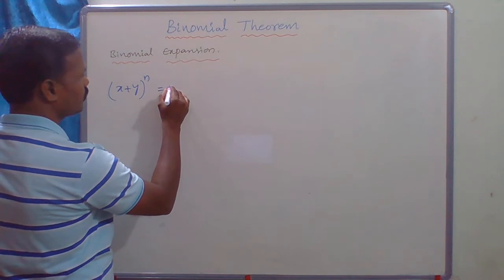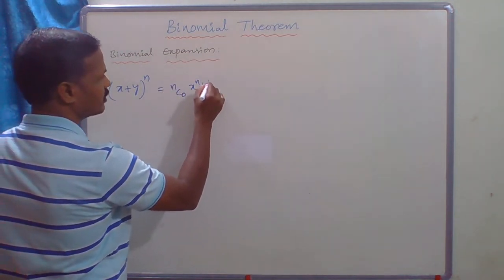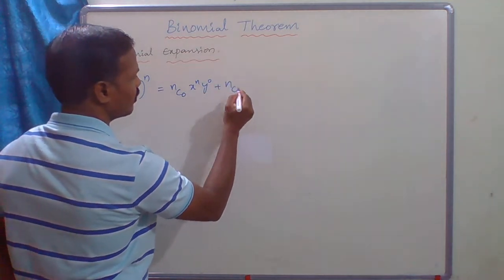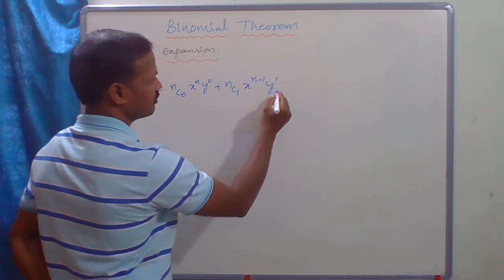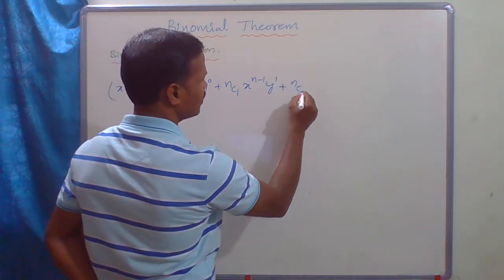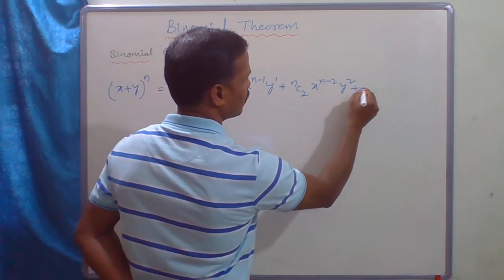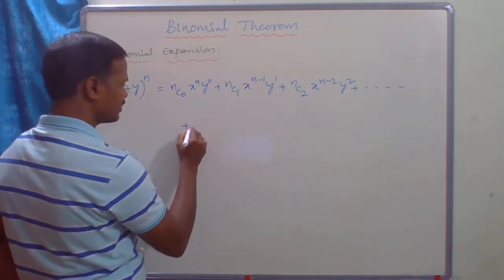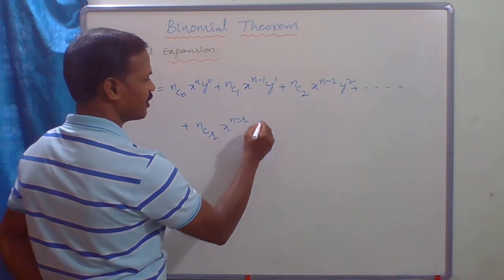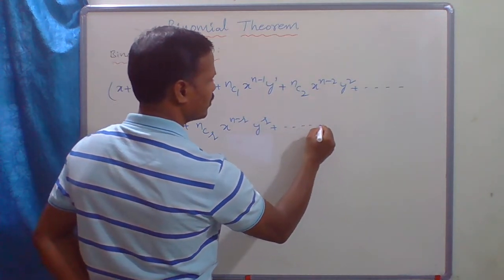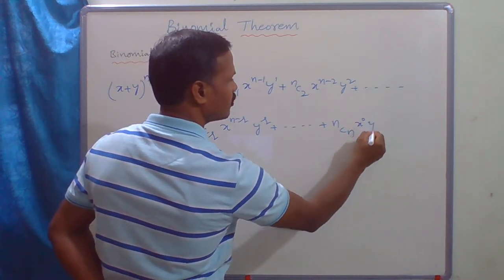So (x + y)^n is equal to nC0 x^n y^0 + nC1 x^(n-1) y^1 + nC2 x^(n-2) y^2 + and so on, + nCr x^(n-r) y^r + and so on, + nCn x^0 y^n.